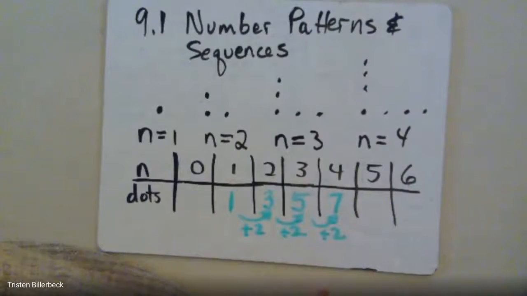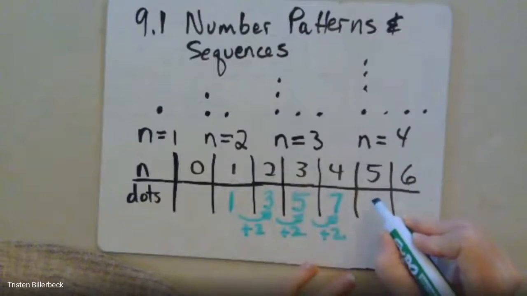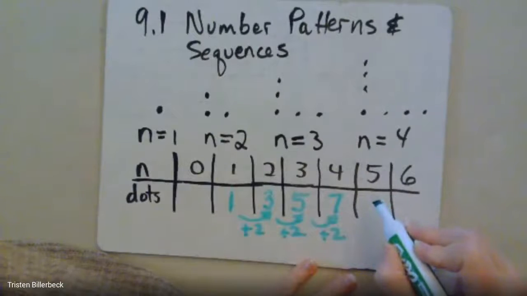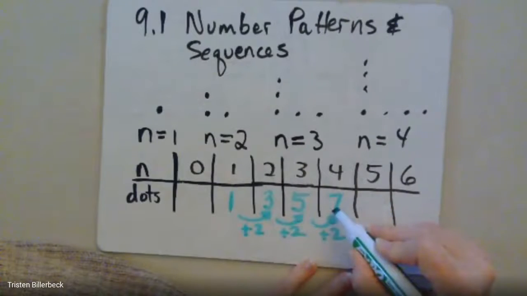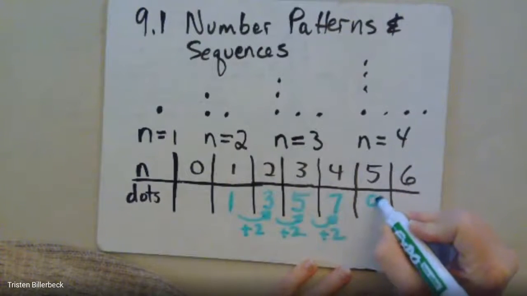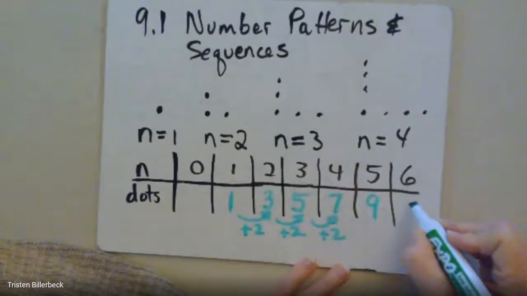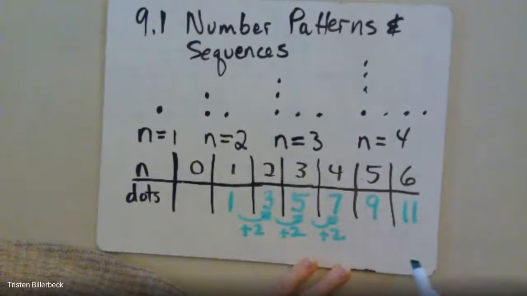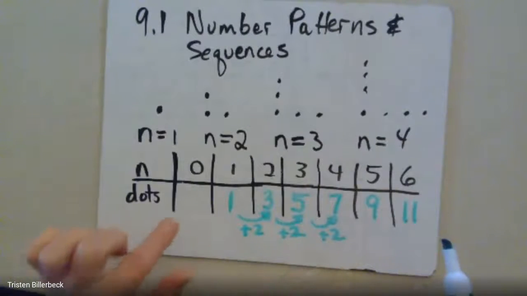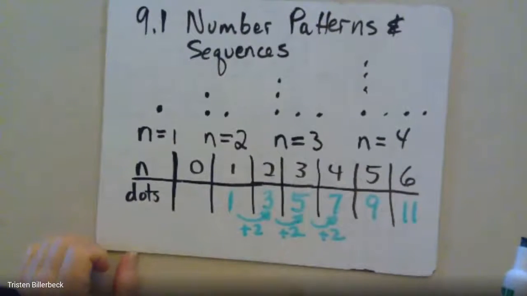All right, so we could predict how many figure 5 would have. So if we add 2 dots to 7, we'd have 9, and 2 dots to the next figure, we'd have an 11. And strangely enough, we could figure out how many dots a figure that doesn't even exist has.